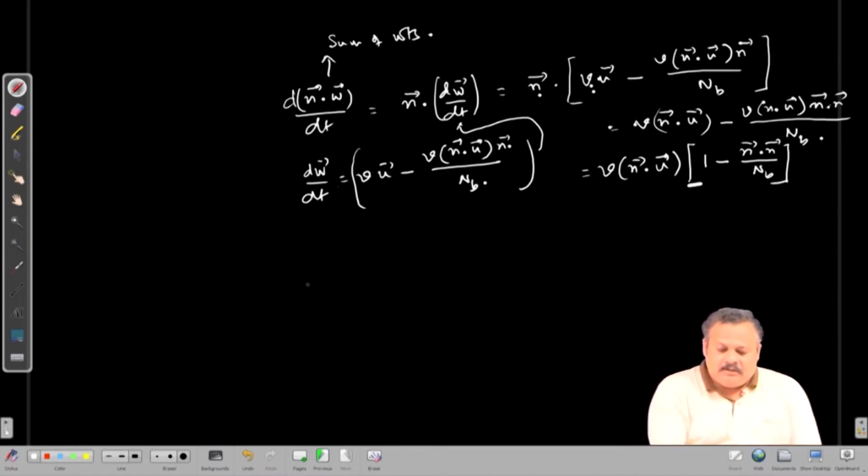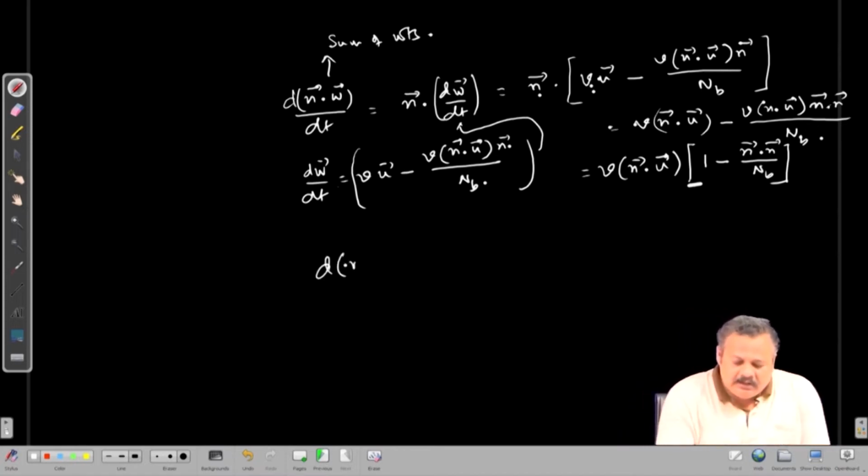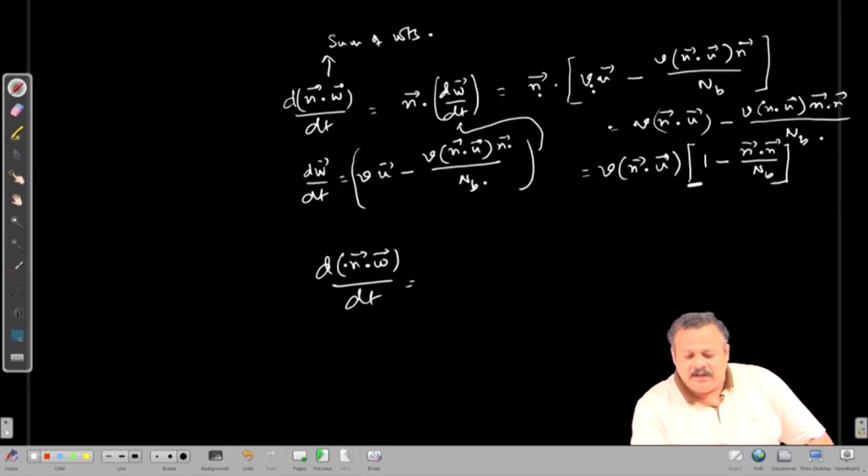So, what is our d n dot w? That is the sum of the weights coming out to be. Here, as you see, if we multiply n with n dot n, we are essentially having the vector 1 1 1 multiplied by the vector 1 1 1.